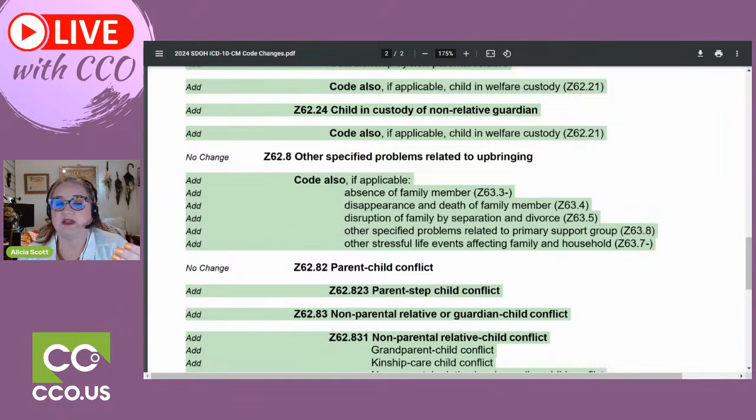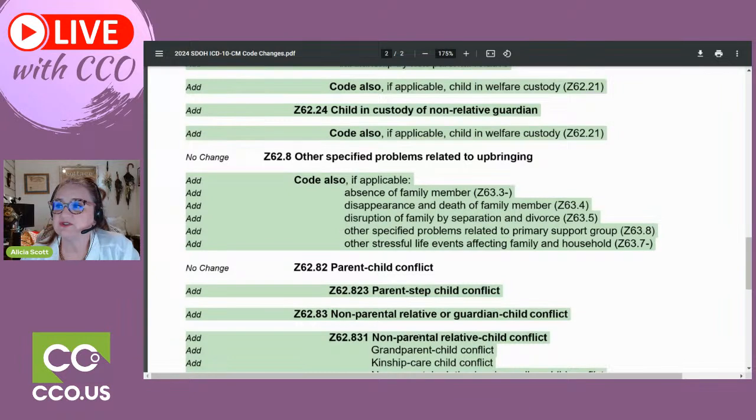What if a child in the family dies, and it can cause all kinds of disruption within the family. Again, we want to make sure that our providers know that these codes are available for us to translate for statistics as it affects the patient's health.